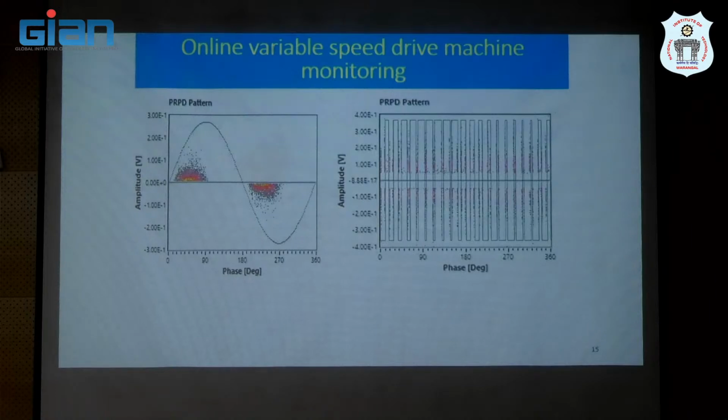With respect to the frequency of the pulses, you can see the discharges occurring. With higher frequency you get more discharges. It is a normal discharge at the initial level, but with the high frequency aspect you are going to get more discharges.